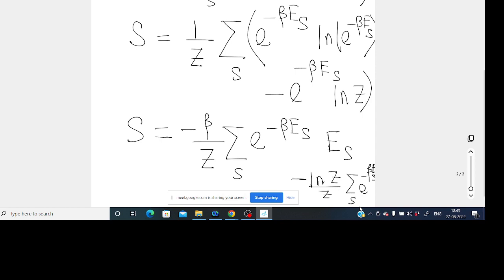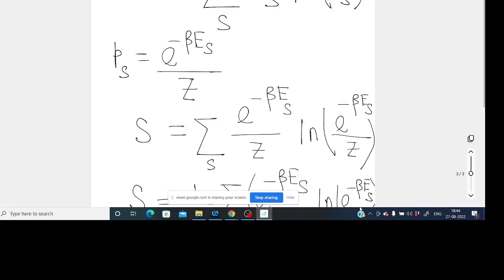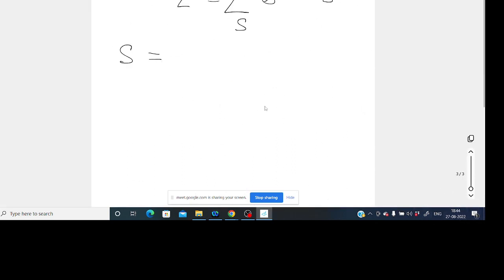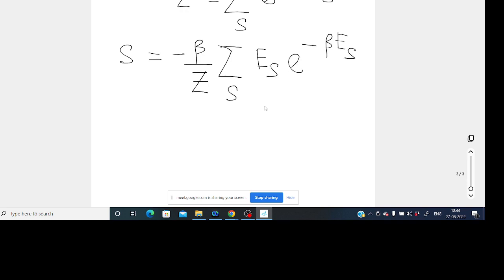So we have minus beta by Z sum over s Es e to the power minus beta Es minus log Z.